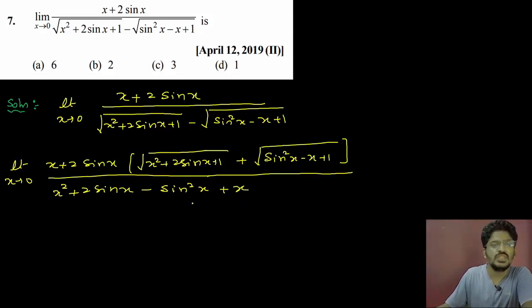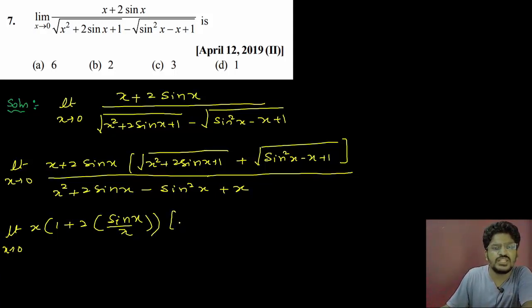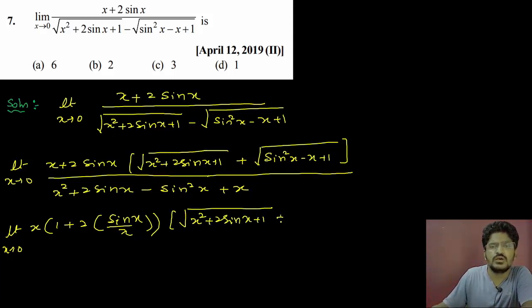Okay, so now you can rearrange the terms as required. If I take x common, the numerator will be x times 1 plus 2 times sin x divided by x. The remaining terms stay as they are: root of x square plus 2 sin x plus 1 plus root of sin square x minus x plus 1.